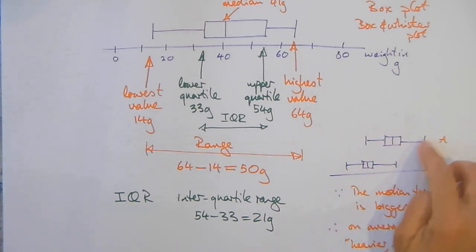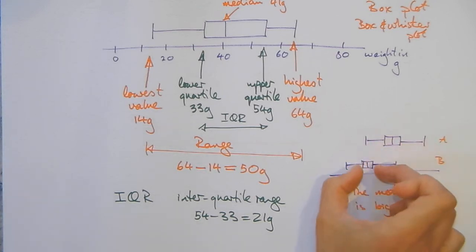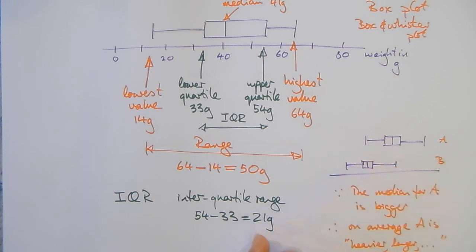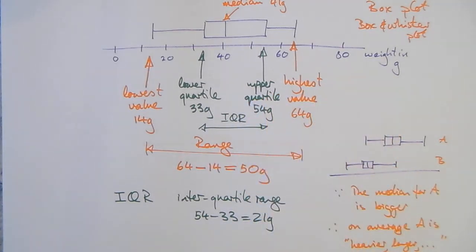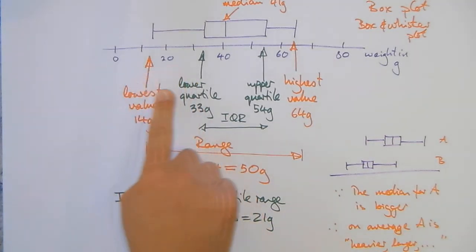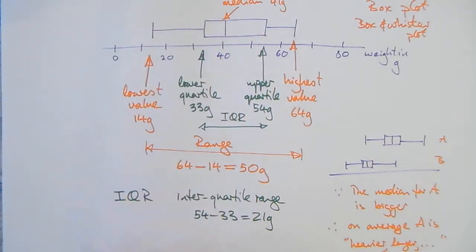Or you could comment on the biggest values or the smallest values or the interquartile range. You'll only ever be asked for 2 or 3 comments or comparisons, and each one's got to be a fact with a conclusion.